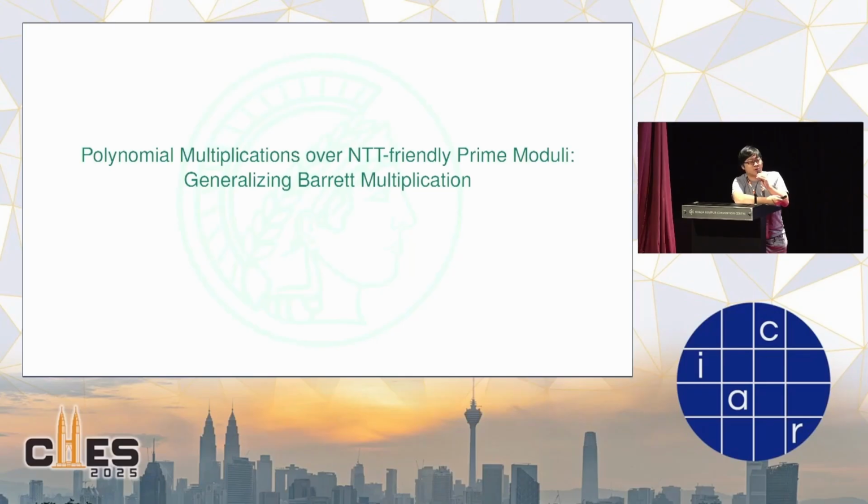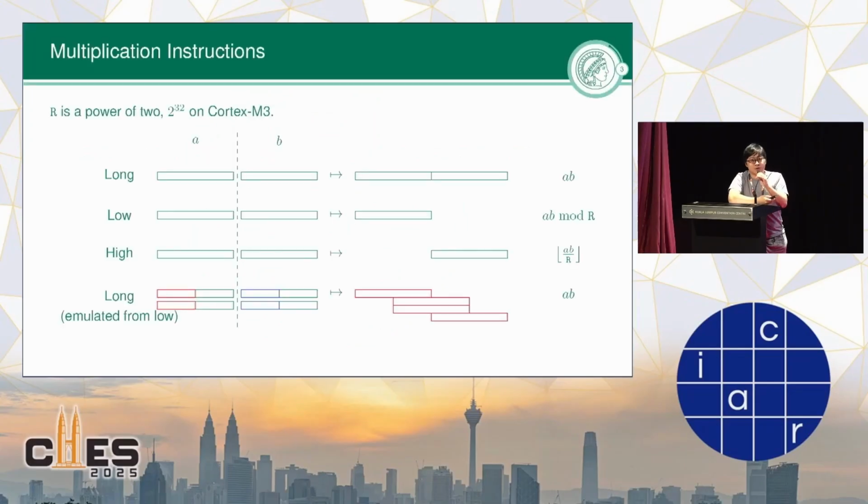There are two parts. In the first part, I'll focus on the entity-friendly prime case. I'll refresh the audience a little on multiplication instructions. Suppose we have integers in each of the 32-bit registers, so each rectangle represents a 32-bit register. Suppose on the left-hand side we have A in the leftmost rectangle and B in the second leftmost.